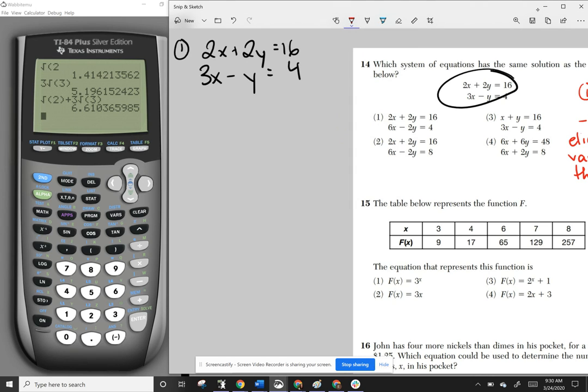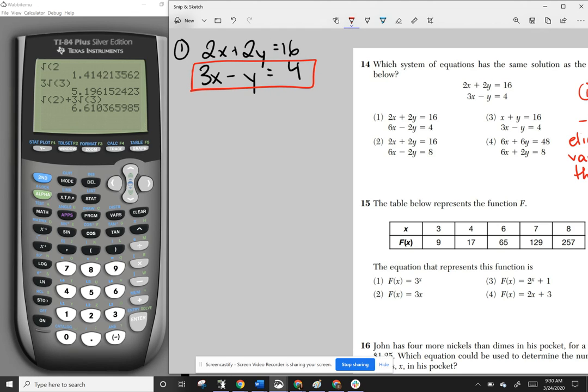And now our goal here is to multiply or divide, if needed, each expression so that we get the equations that we see in the answer choices. So let's start with the top one. Do we need to multiply by anything to get our first equation? No, because it's the exact same one.